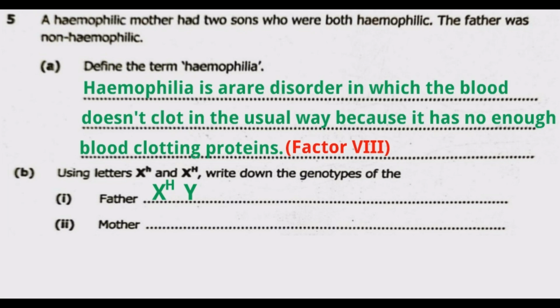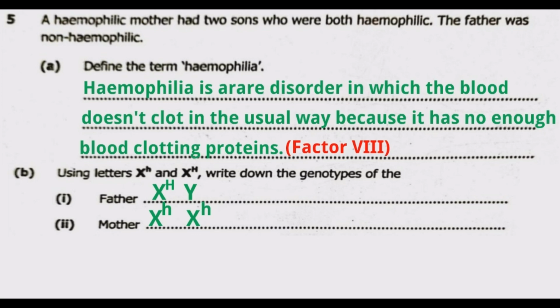Then we come to 2, which is the mother. For the female it's XX. Since this specific mother has the condition of hemophilia, we are going to write X with a small letter h on both, to denote that she is hemophilic.